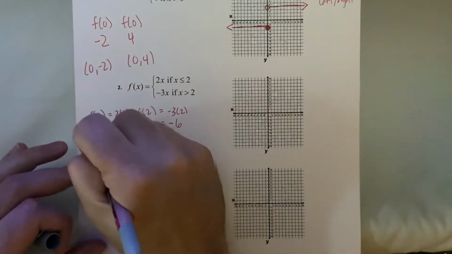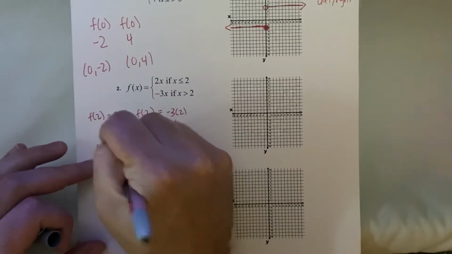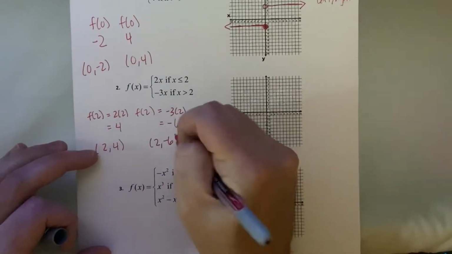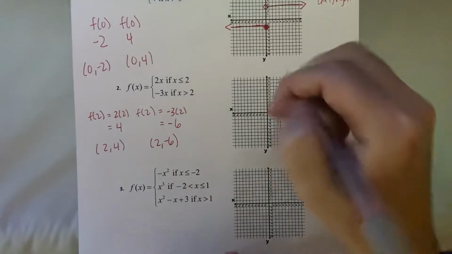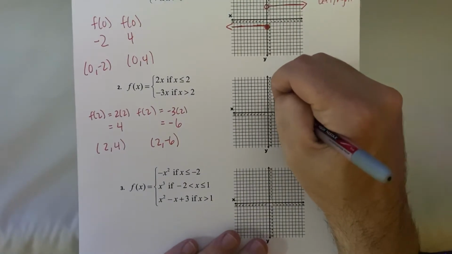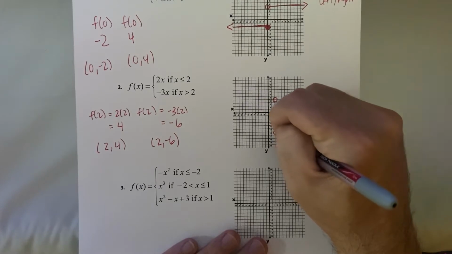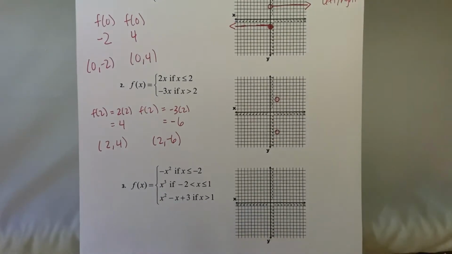So I have the point 2, 4, and 2, negative 6. These are the two that I'm going to plot with an open circle. So 2, 4, and 2, negative 6. So here we have 2, 4, and 2, negative 6.